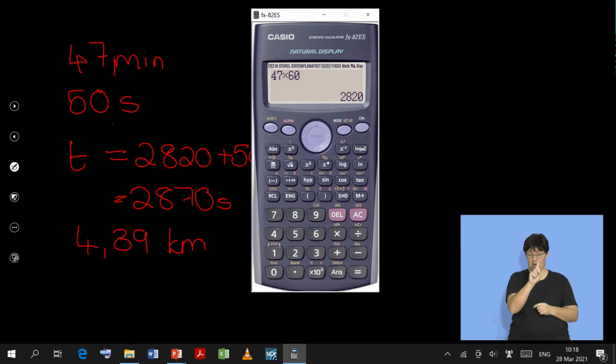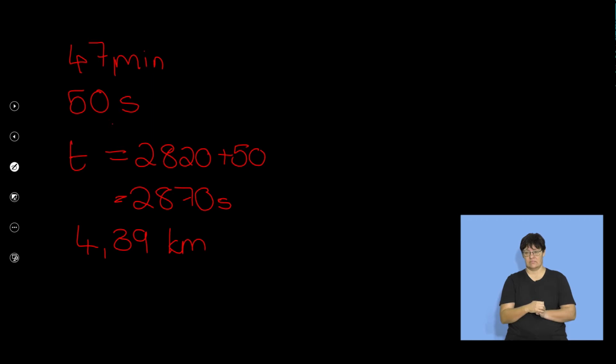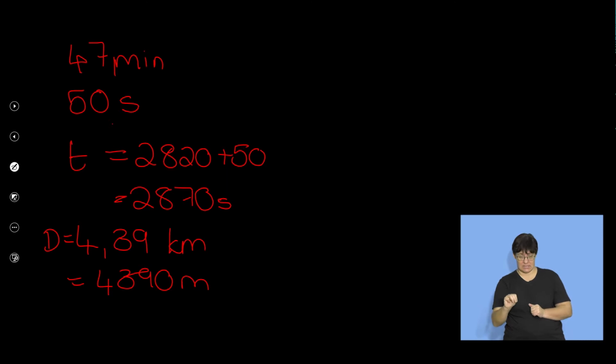So 4.39 times 1,000, and we get 4,390. So her distance is 4,390 meters. So she went 4,390 meters in 2,870 seconds.